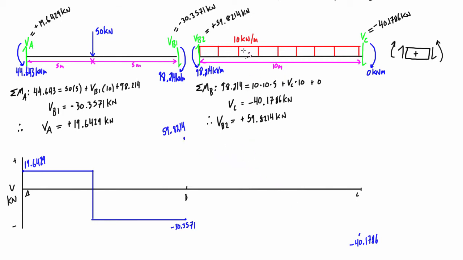So if you sum that up, you have 10 kilonewtons per meter times 10 meters. So we're looking for a total linear change in this region of 100 kilonewtons, and 59.8214 minus 100 gives you negative 40.1786. So basically you just connect the dots, boom, just like that, and then we connect these dots as well, and we just finish it off nicely to close it, just like that.